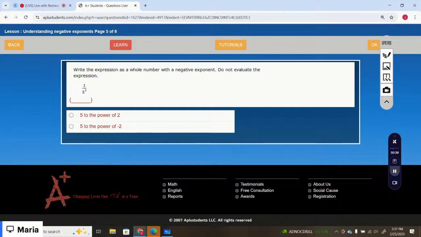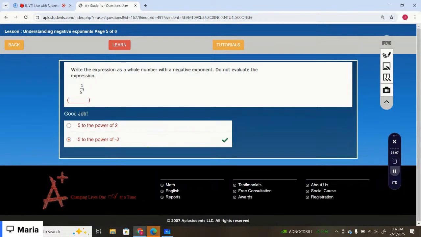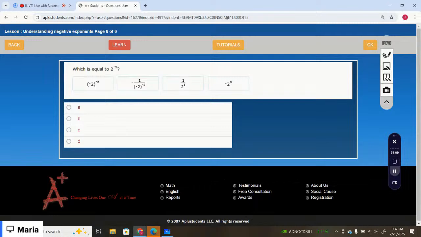1 divided by 5 squared. Option number 2 is the correct option, which is equal to 2 exponent negative 5.